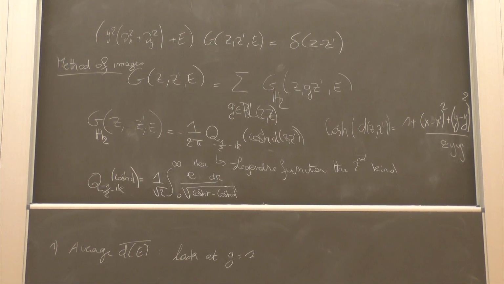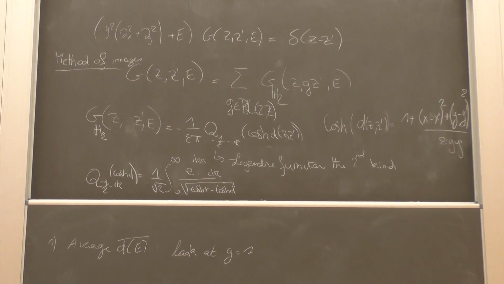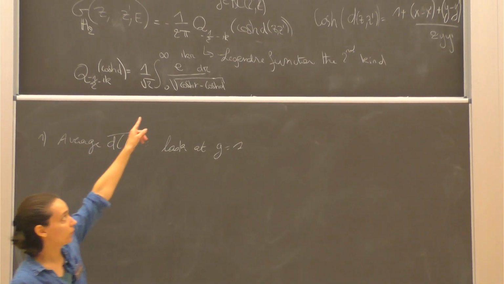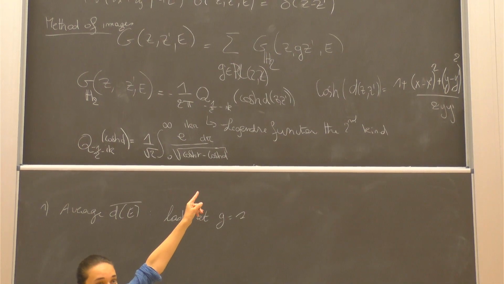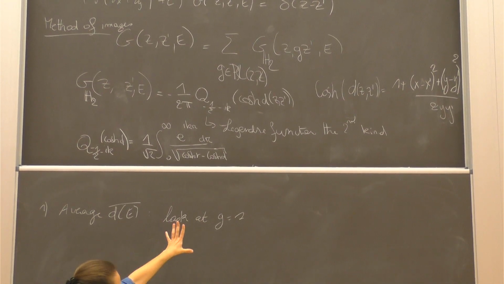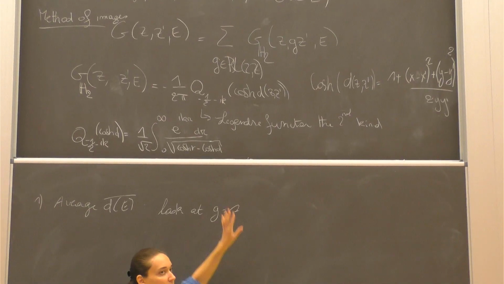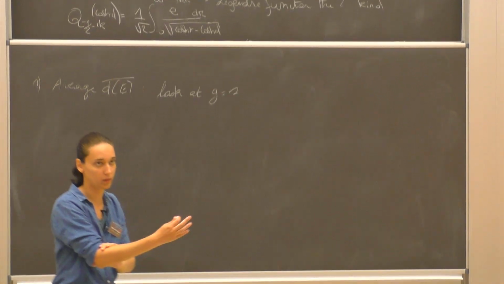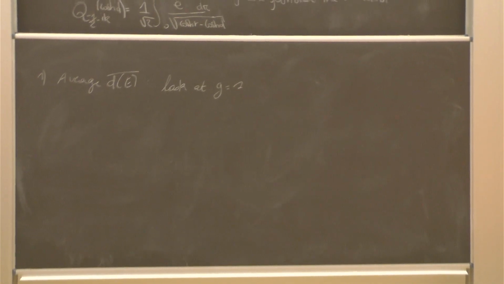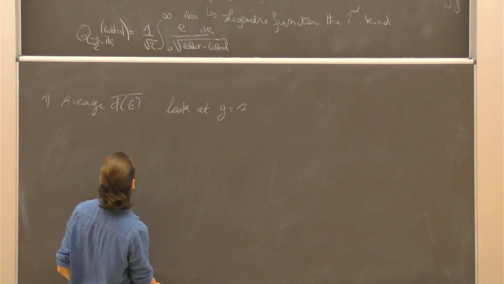It's just the Green's function for 2D hyperbolic space. And then now we're trying to work through the sum in the method of images. The first thing we're going to look at is the one for the identity element. This will have no oscillations, and hence, you will be able to identify it with the mean density of states. Thank you for the question.